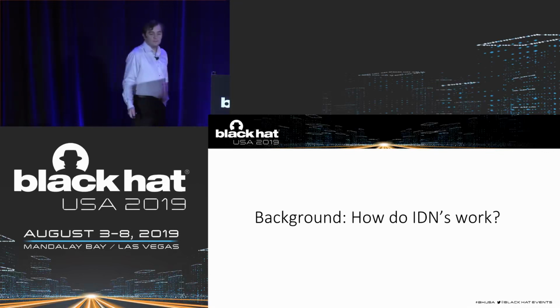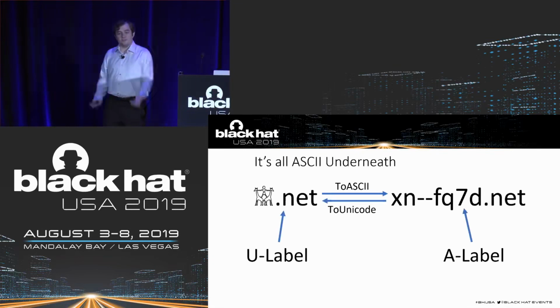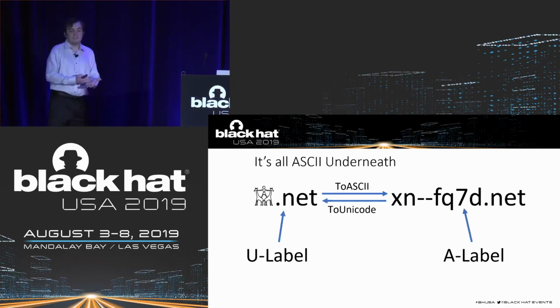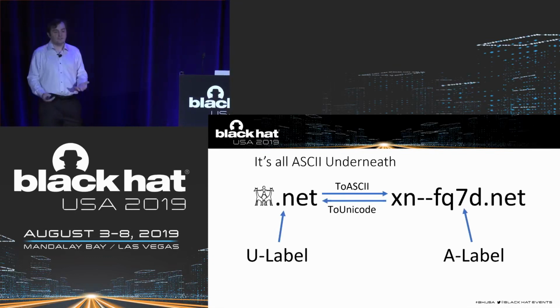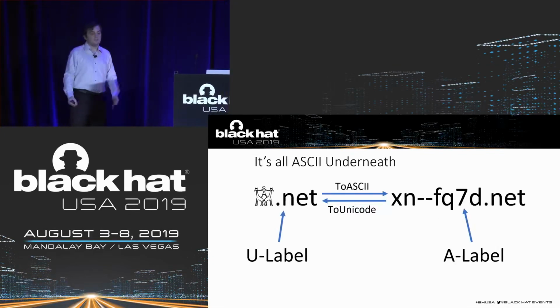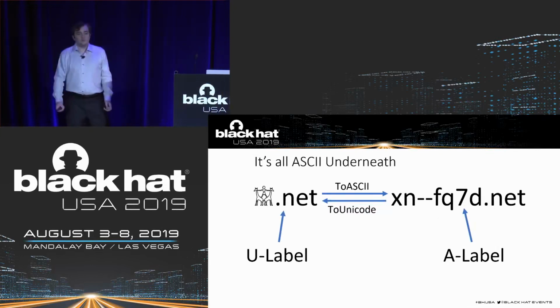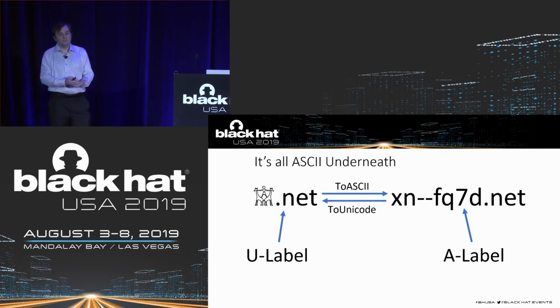So the first thing that's important to understand is that really the internet just runs on ASCII. So if you're doing a DNS lookup, if you're doing a same origin check, that's all done with ASCII. So IDNs, these internationalized domain names, the way they work is that every host name actually has two forms. There's a U label, which contains Unicode characters. It's nice for maybe showing a URL to someone in their native language.